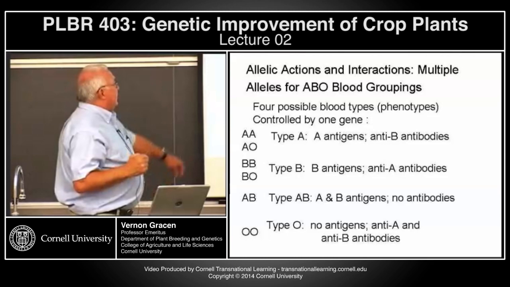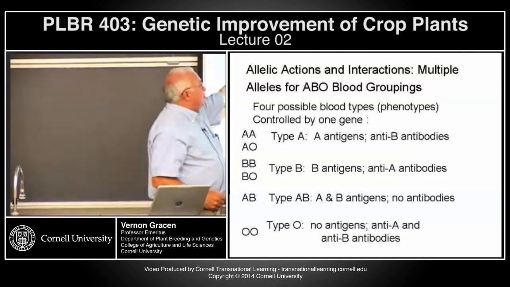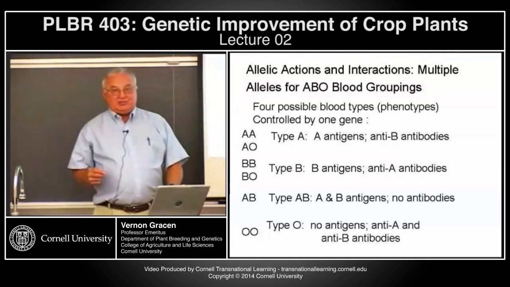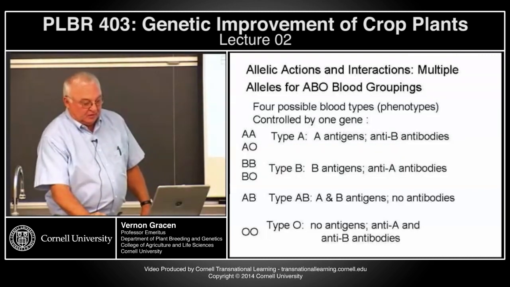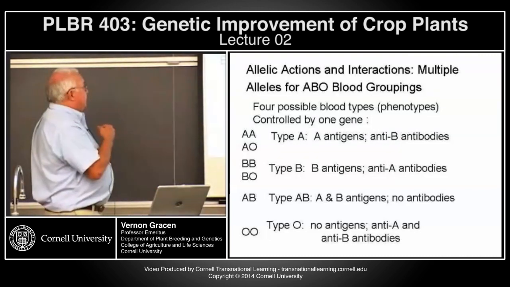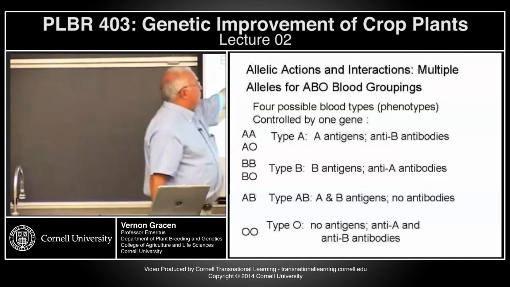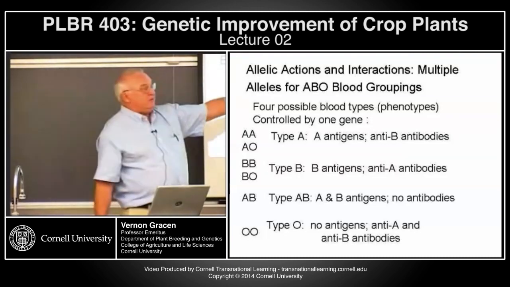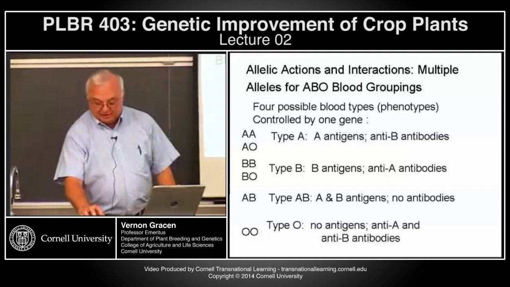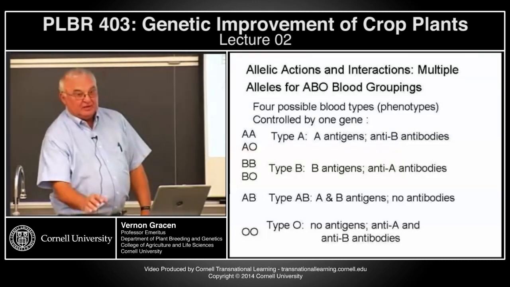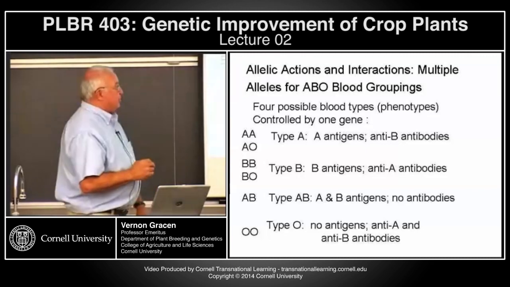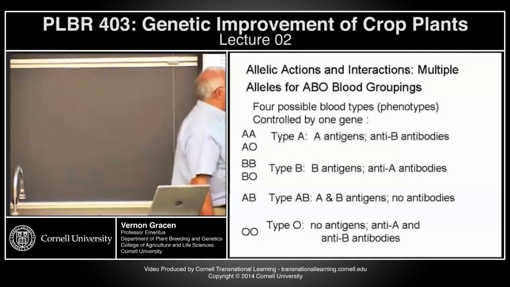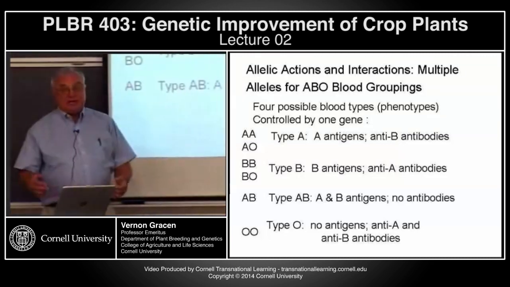It produces A-type antigens, or proteins, and it produces antibodies to the B blood type. You could have blood type B, which produces B antigens and antibodies to the A blood type. You can have an AB blood type, which produces both A antigens and B antigens and doesn't produce any antibodies.